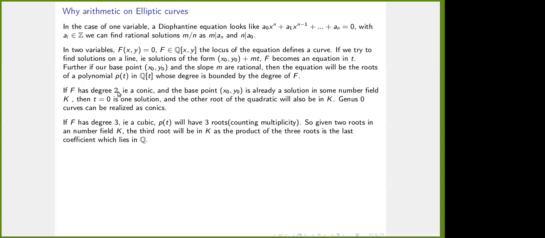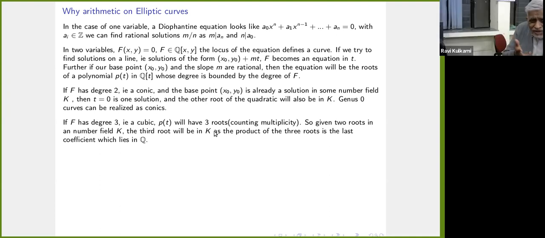This degree 2 conic is basically genus 0, and for the degree 3 cubic, starting with two given roots, the third root will also be rational. Solutions always exist.